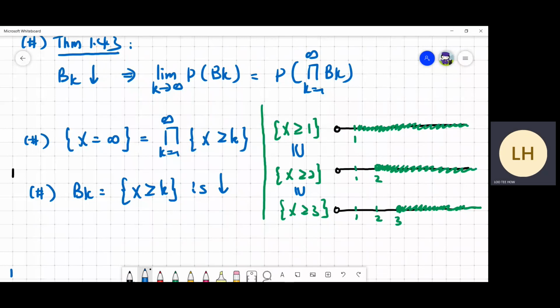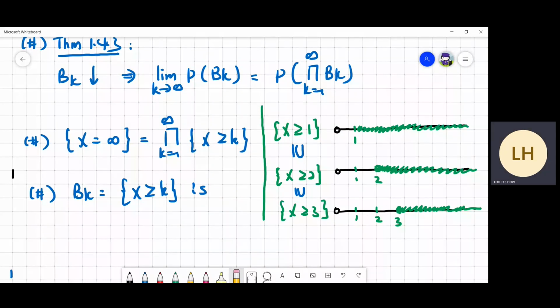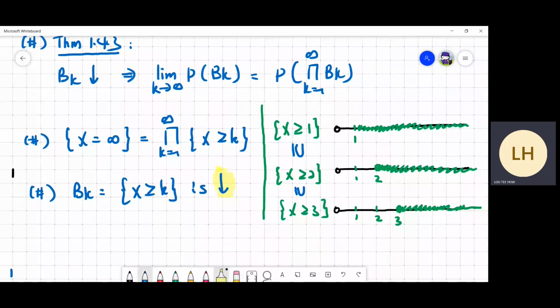By using this argument, we can see that this is true. So B_k must be decreasing. Since we have a decreasing sequence of events, we can now apply this theorem 1.4.3 to our case here.